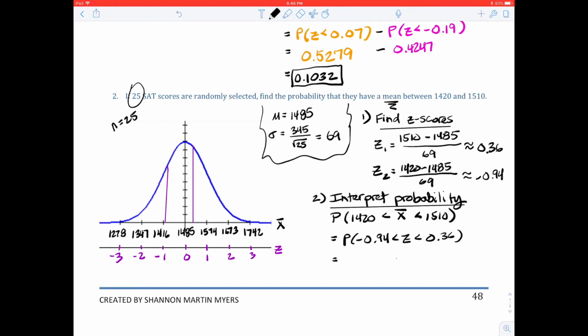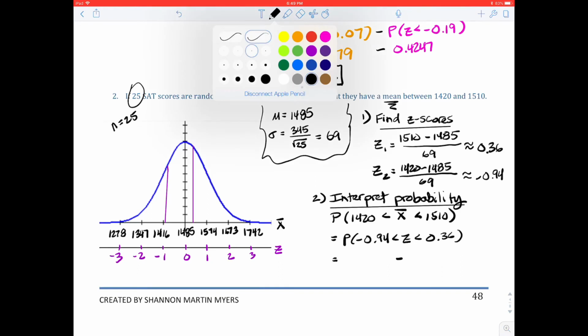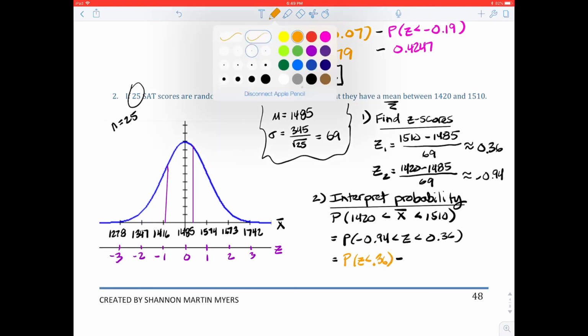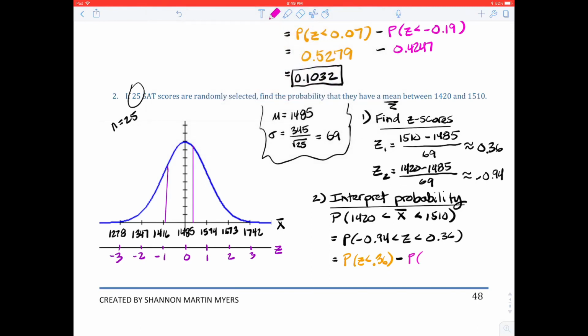But then, if we subtract that lower region from the higher region, what will happen is, that upper probability would be the probability that z is less than 0.36. That lower one would be the probability that z is less than negative 0.94, right? So that one, remember, it looks like this.